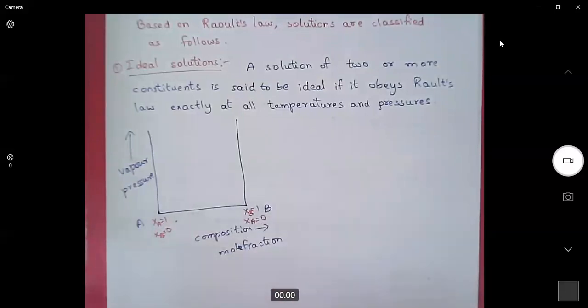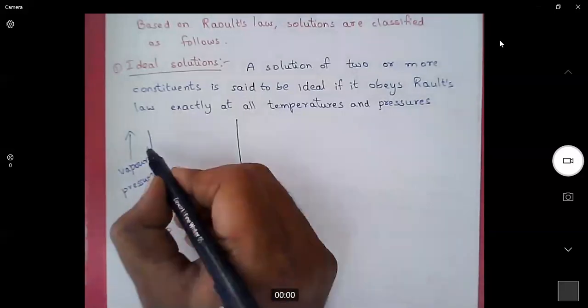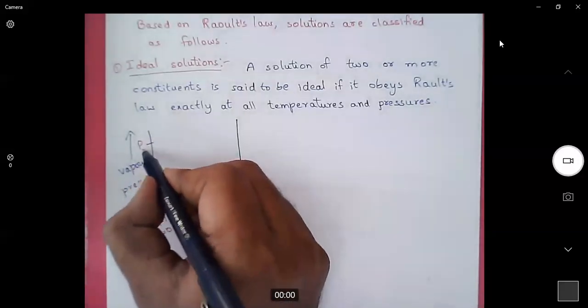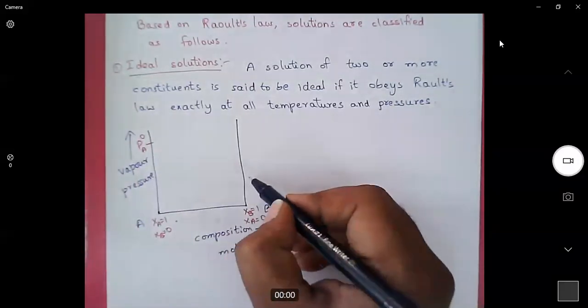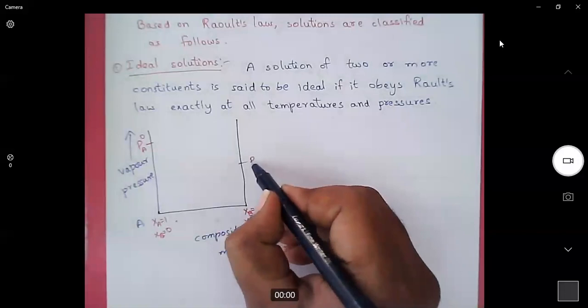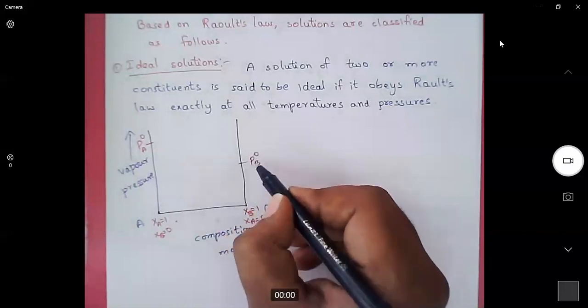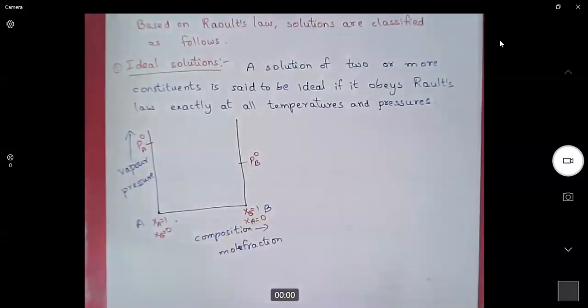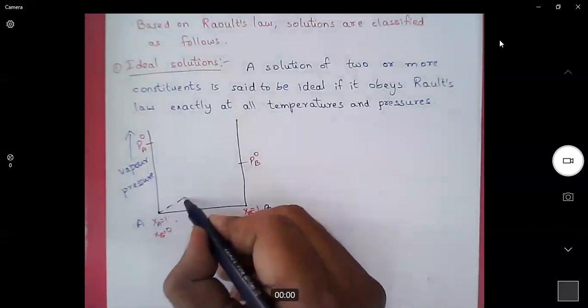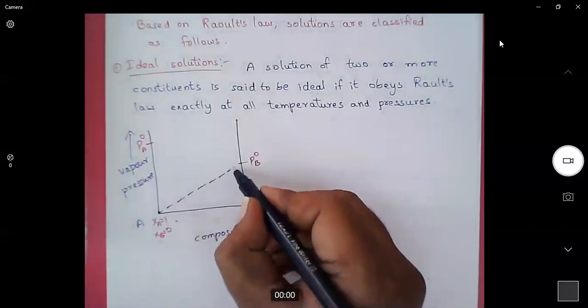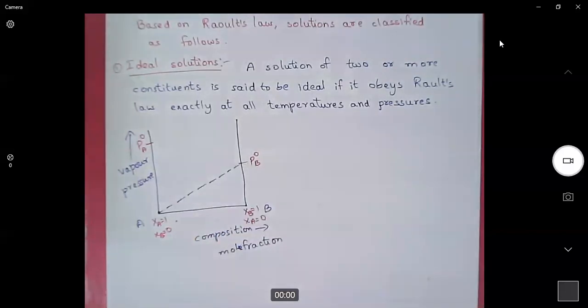Now, pure A will have a pure vapor pressure of PA0, and B will have a pure vapor pressure of PB0. What are ideal solutions? Those that obey Raoult's law at all temperatures and pressures. When we increase the mole fraction of B, its vapor pressure will increase up to PB0, right?